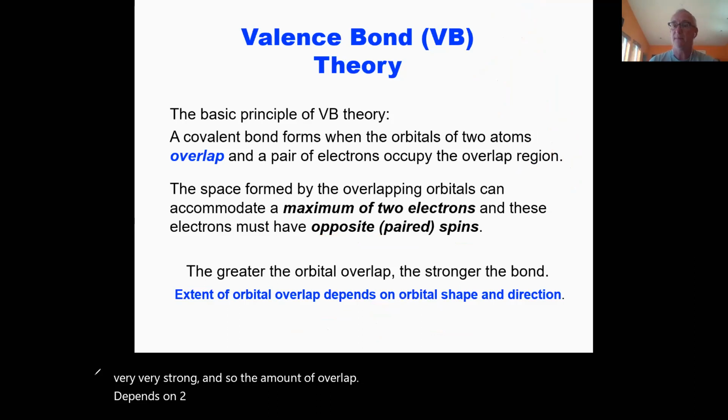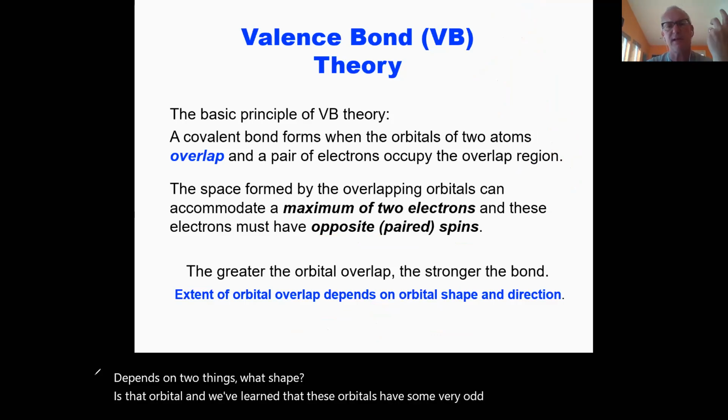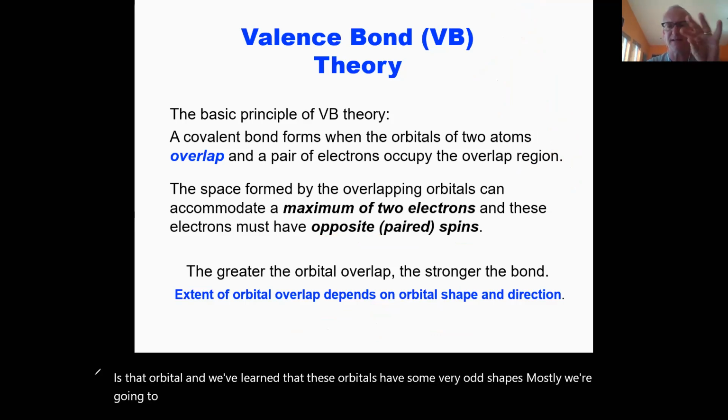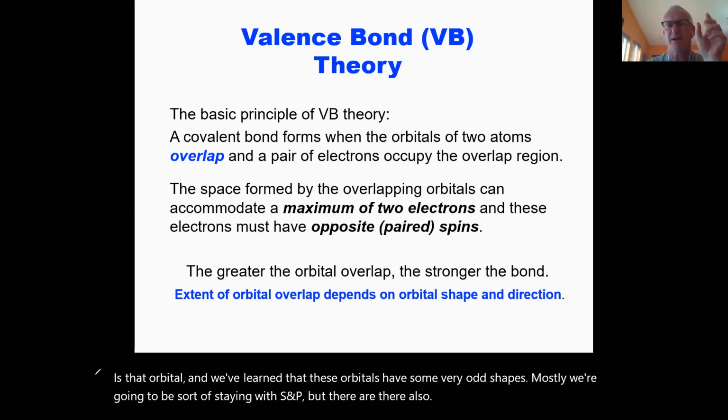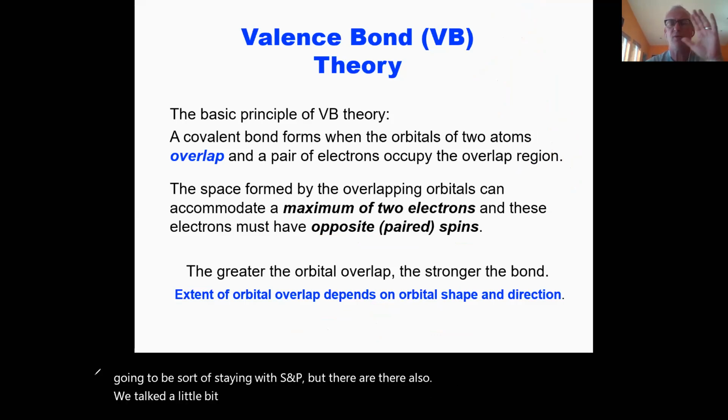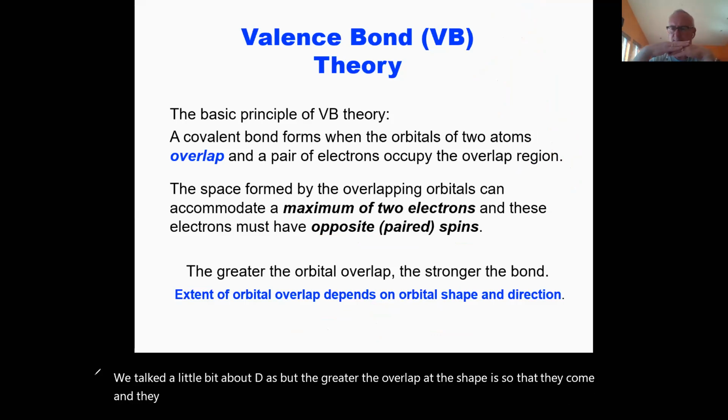What shape is that orbital? And we've learned that some of these orbitals have some very odd shapes. Mostly we're going to be staying with S and P, but we also talk a little bit about D as well. But the greater the overlap, if the shape is so that they come in and could cover each other, basically, that's a strong bond.